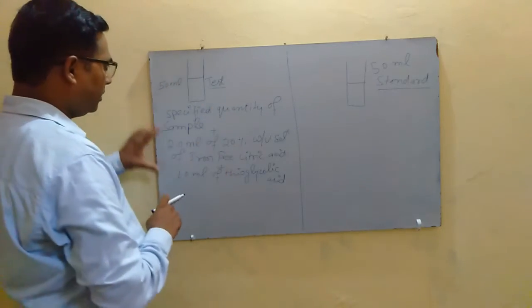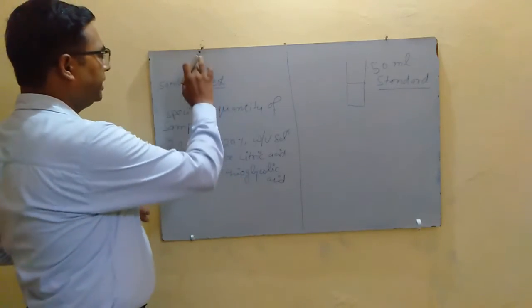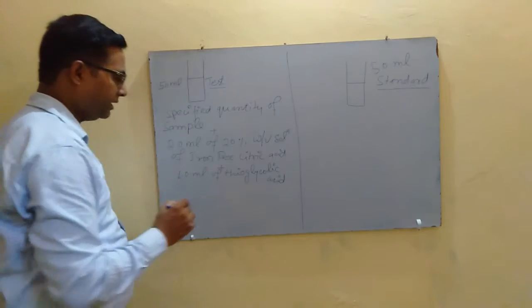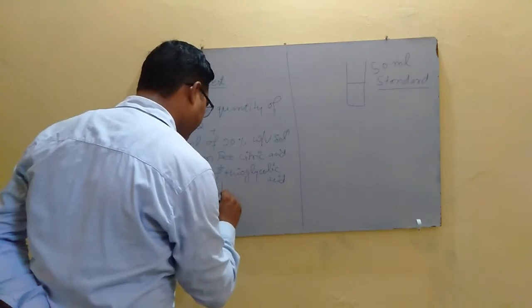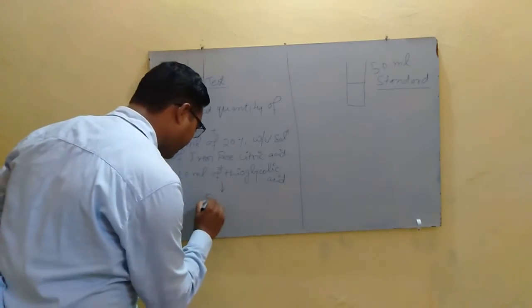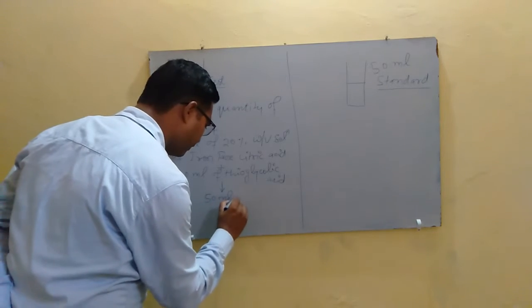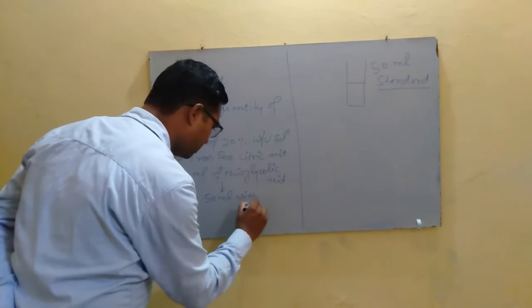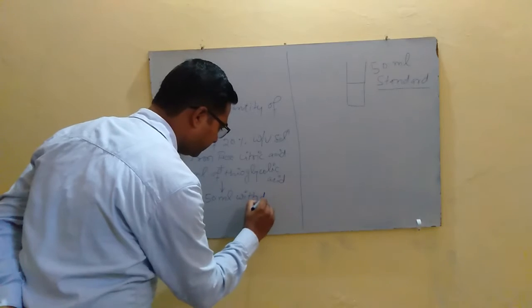Then the volume of the contents in the test Nessler cylinder is made up to 50 ml with distilled water.